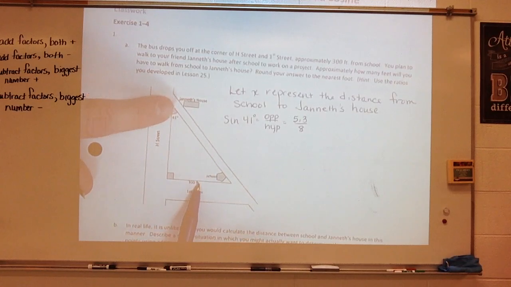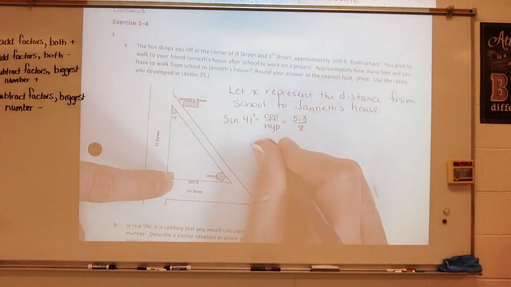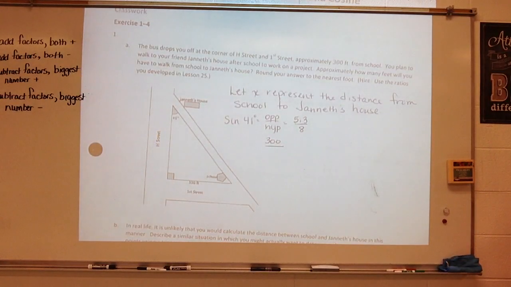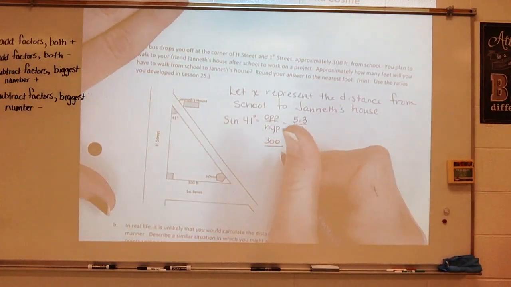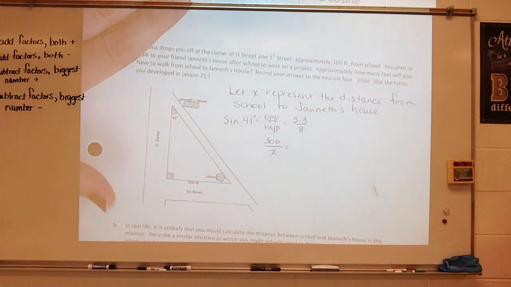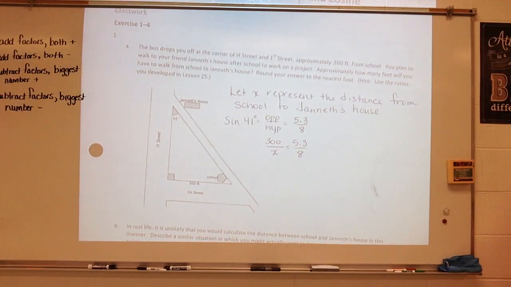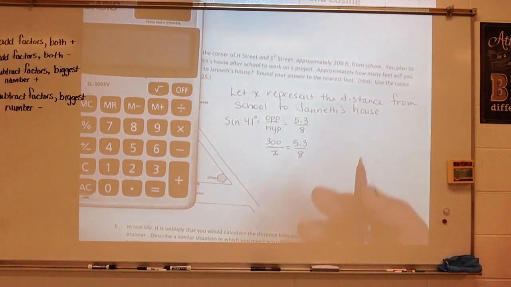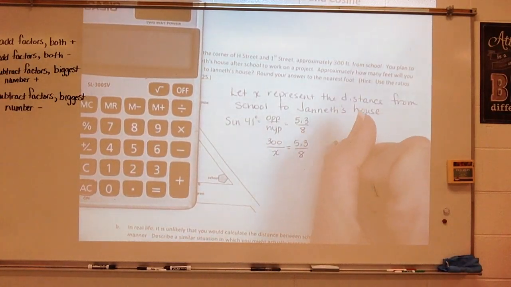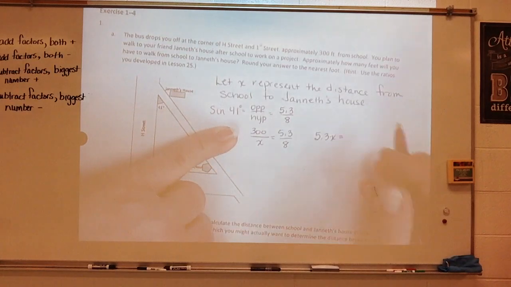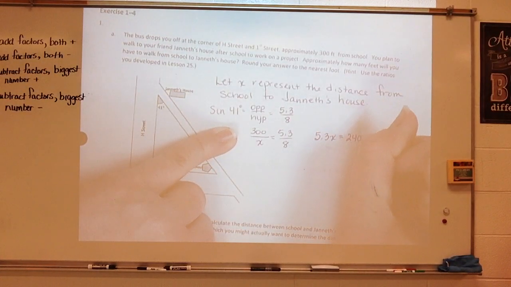So the opposite here is 300, over hypotenuse is x, because that's what we are looking at, is equal to 5.3 over 8. All right, so we're going to multiply. So I get 5.3 times x is equal to 8 times 3 is 24, and I add 2 zeros.